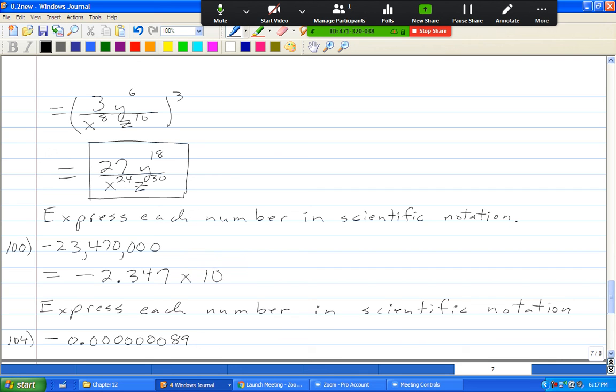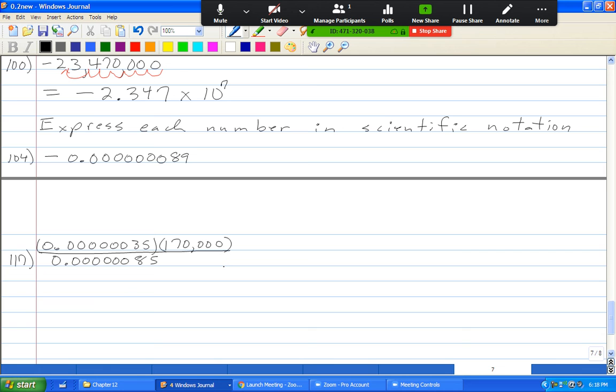And then you go times 10 to the power. And let's figure out how many places we had to move. Well, we had to move 1, 2, 3, 4, 5, 6, 7. And that is your answer.